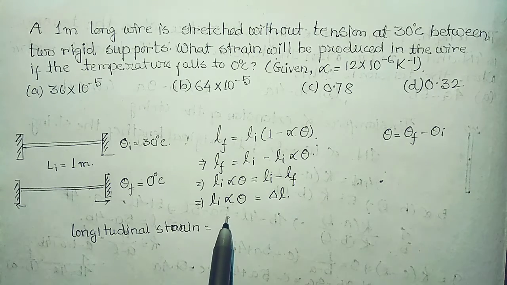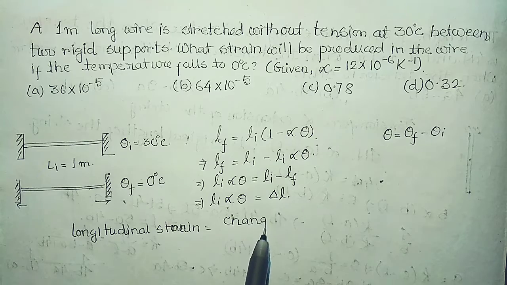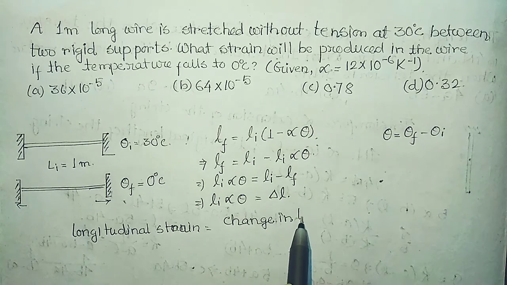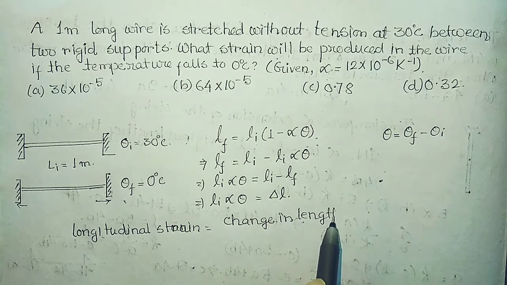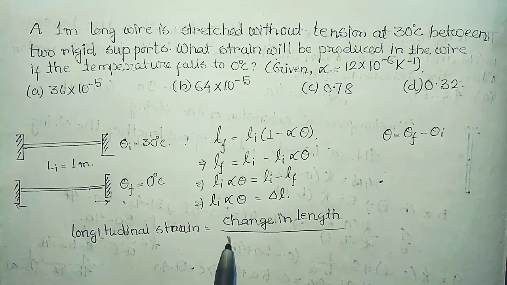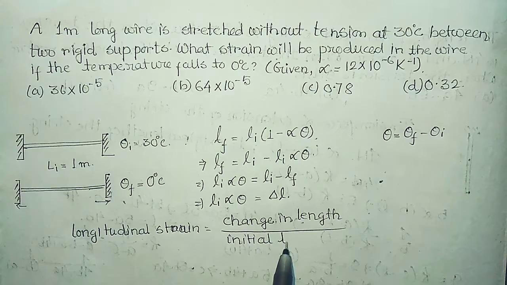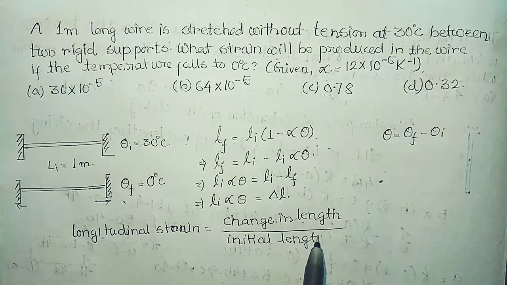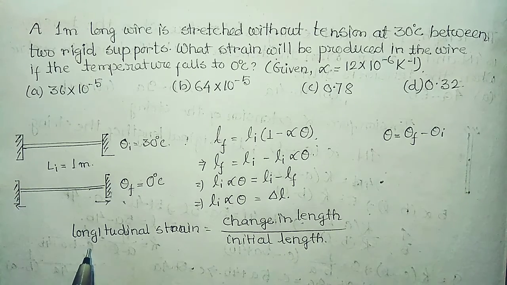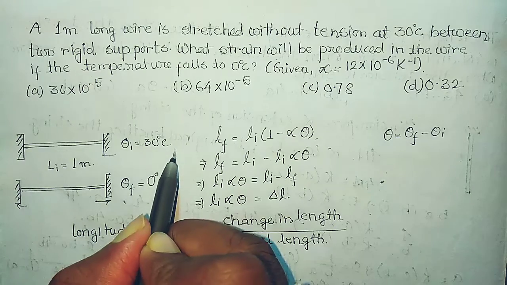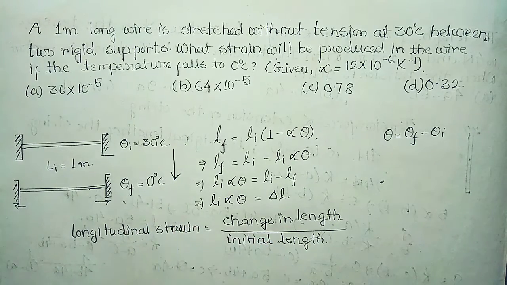And it is the change in length divided by the initial length. But it appears that the length is not changed; due to the decrease in temperature, the length is contracted.